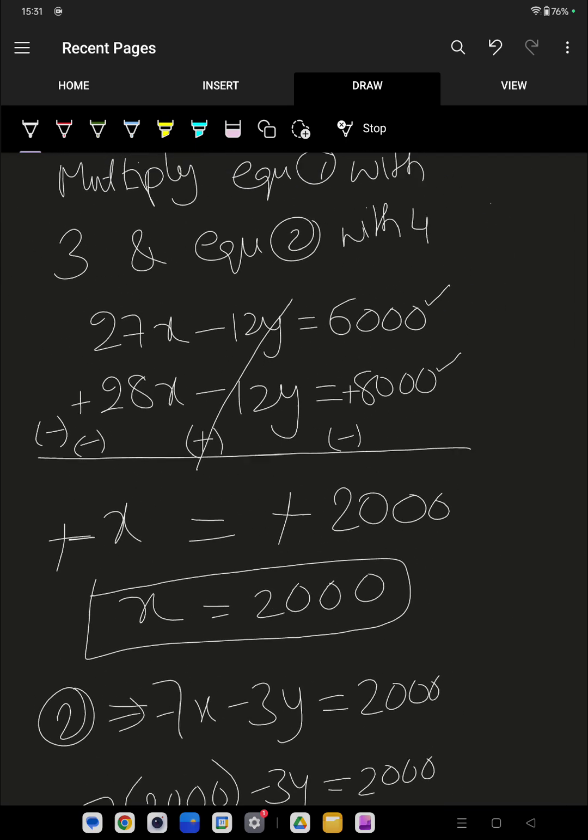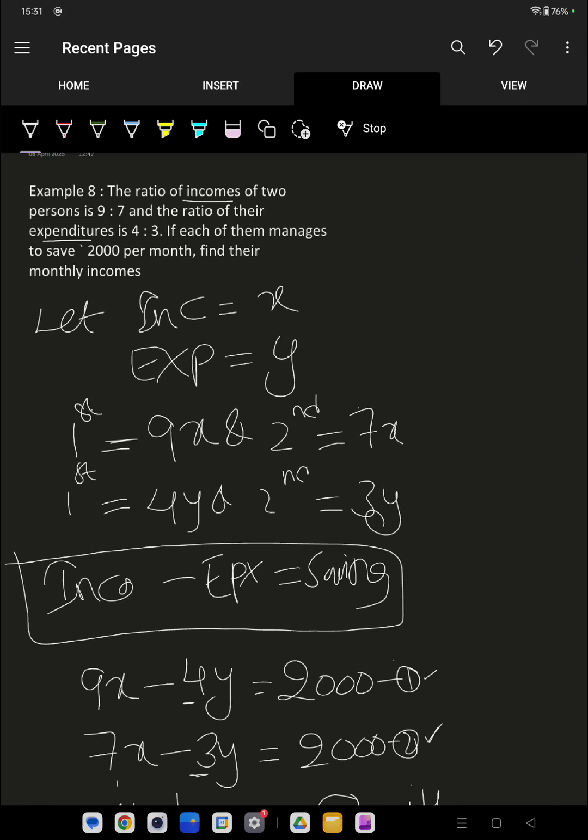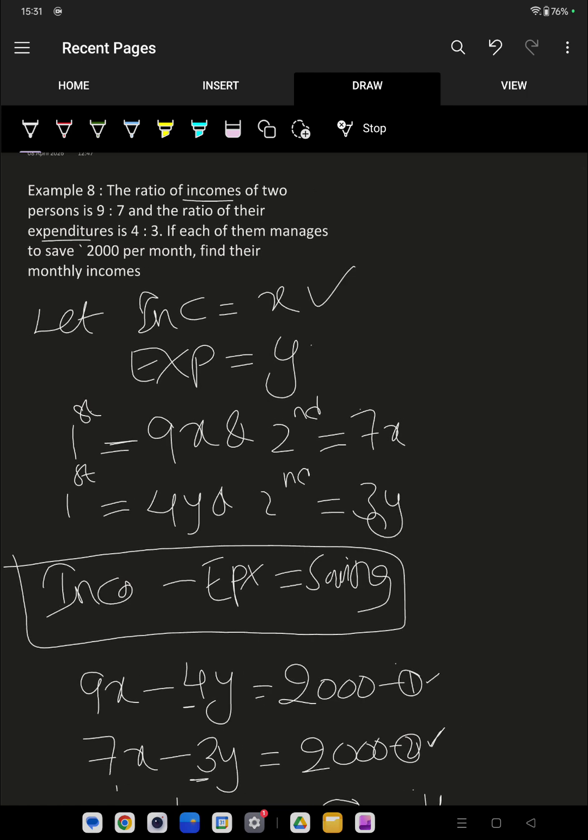Here we already assumed x is income and y is expenditure. Here it was asking about their monthly incomes. It was given in the ratio, so first person income is 9x and second person income is 7x.